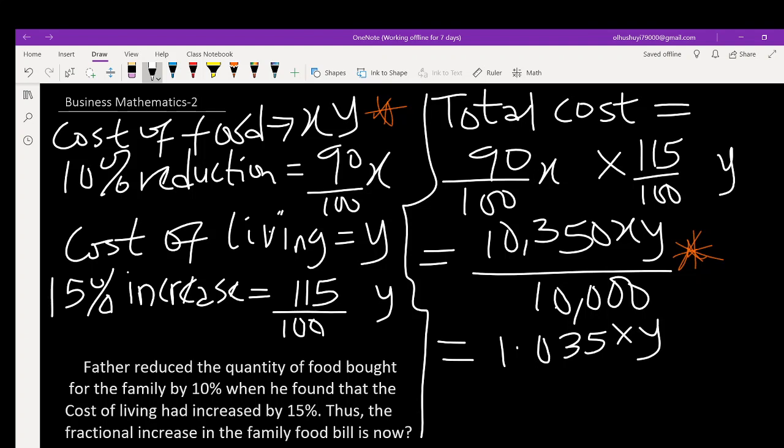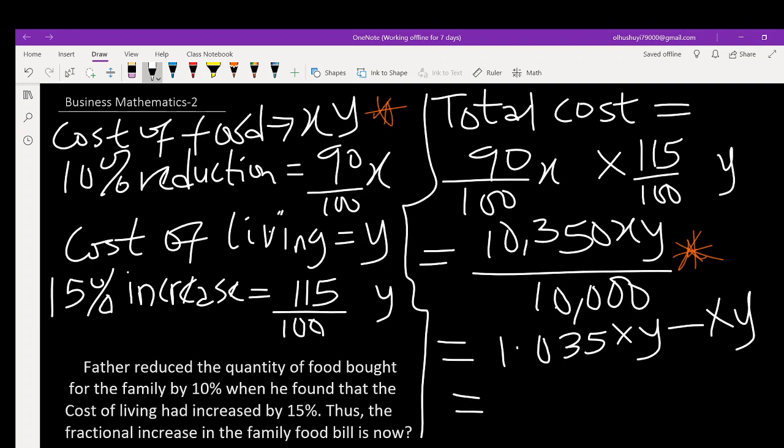Now they asked what is the increase in the cost? That's the question. Thus, the fractional increase in the cost. Don't forget, leave the fractional first. The increase in the cost is now this. Before it was XY, so subtract XY. This one means 1XY.